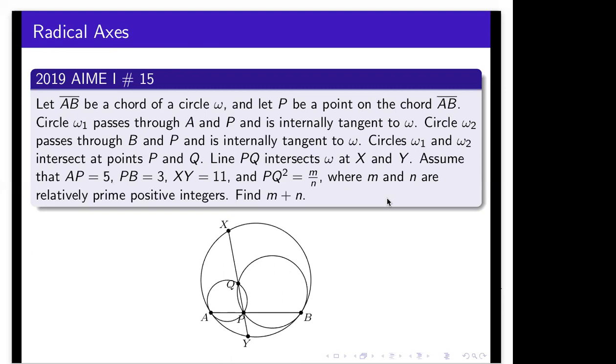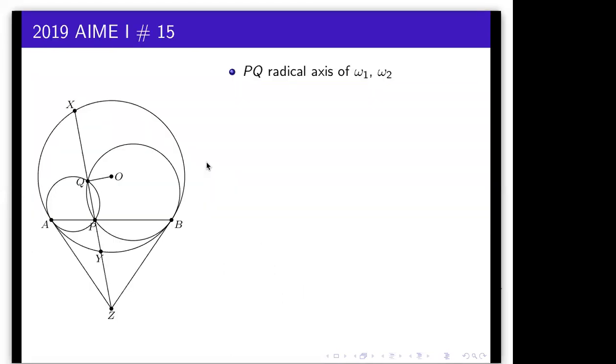Yep, so good observation. So we have the radical axis of omega 1 and omega 2, which is PQ. We introduced these new lines to handle it as shown. Before I had a different explanation for why we drew these tangents, but I just realized that we can just straight use the radical axis theorem on the three circles.